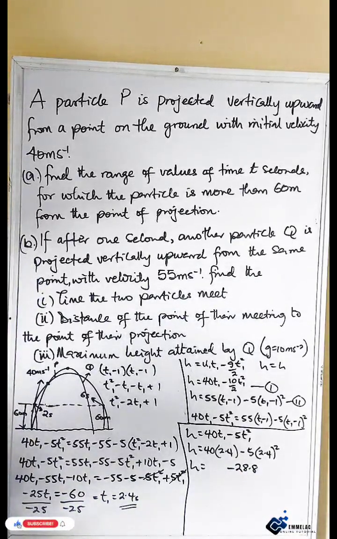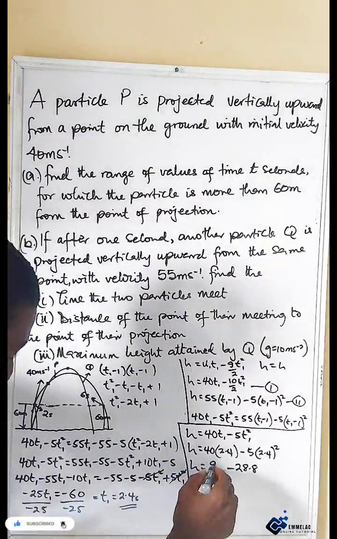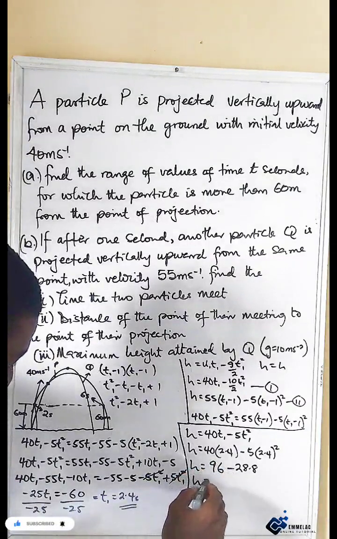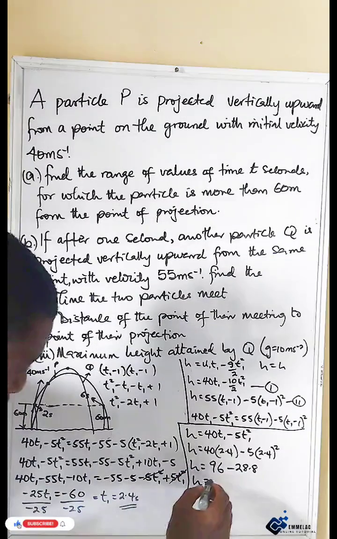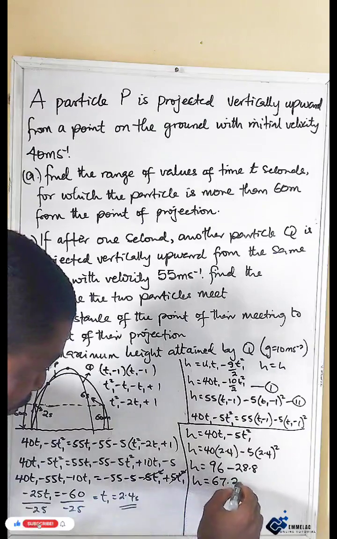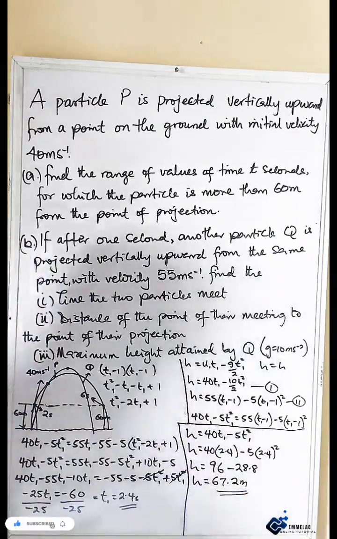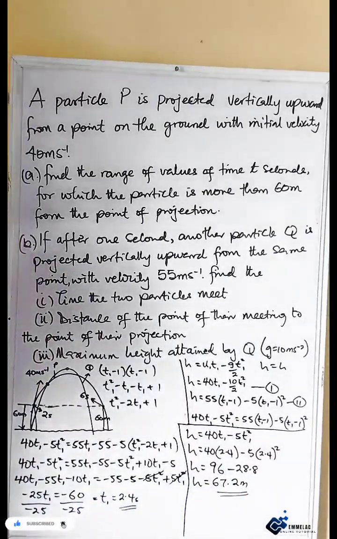Now 40 times 2.4 will give us 96. So our h here now, 96 minus 28.8 should give us 67.2 meters. Okay, so that's the answer.